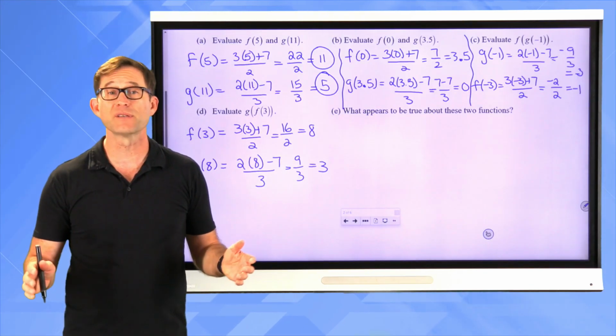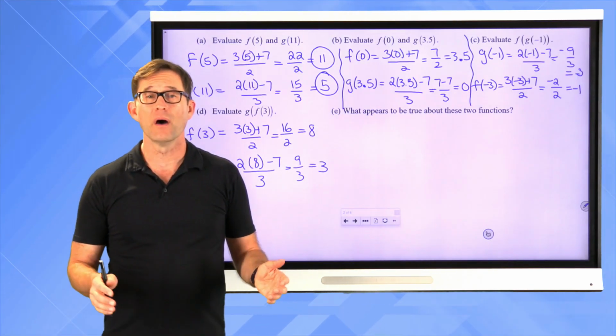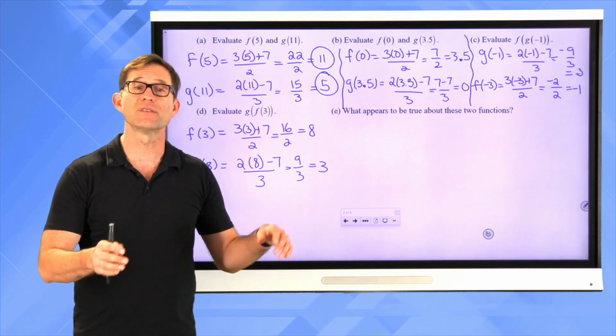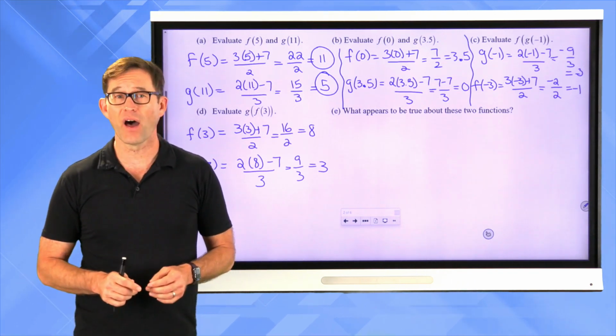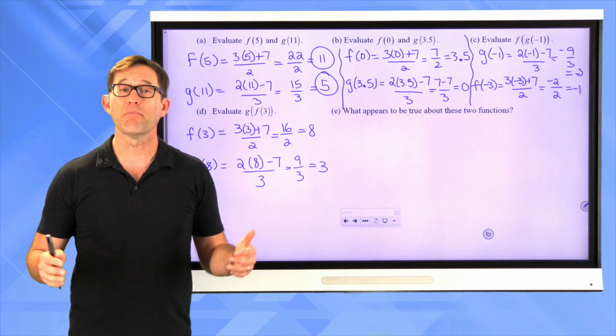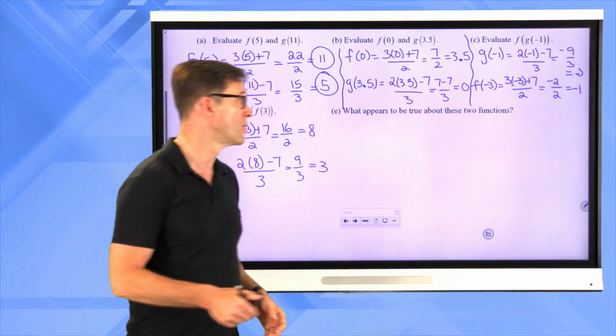All right, well, it's pretty simple. When the output of one function is used as the input to the other function, we get back to the original input, right?